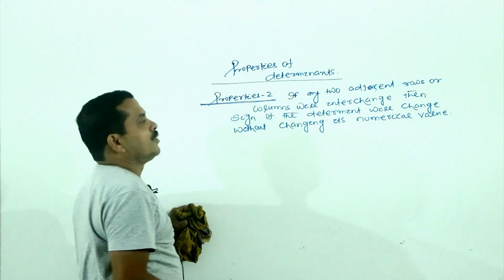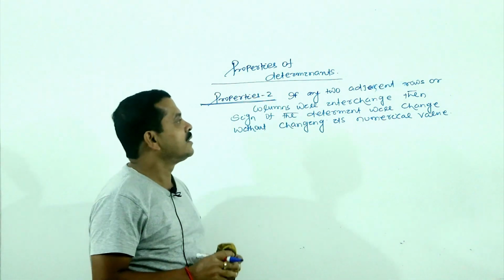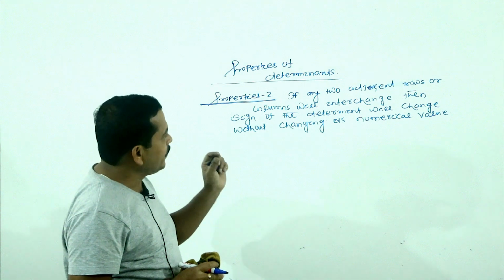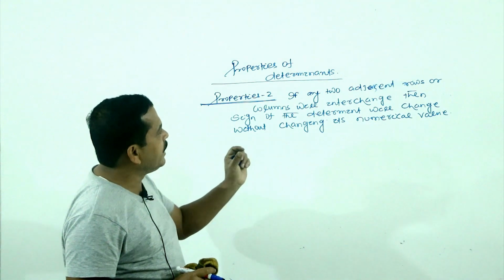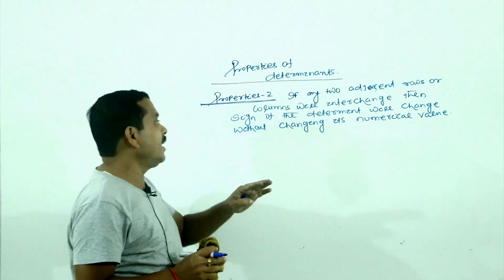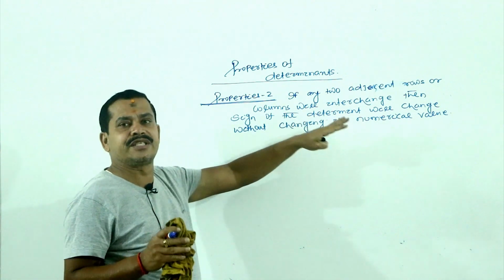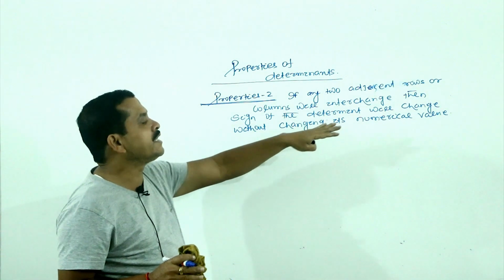That is property 2. If any two adjacent rows or columns will interchange, then the sign of the determinant will change without changing its numerical value.